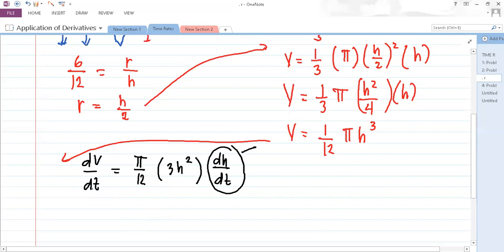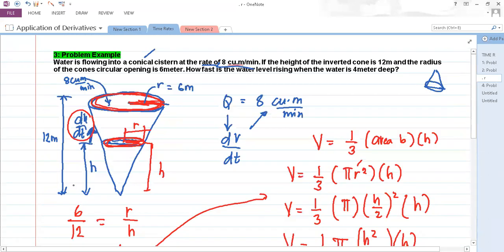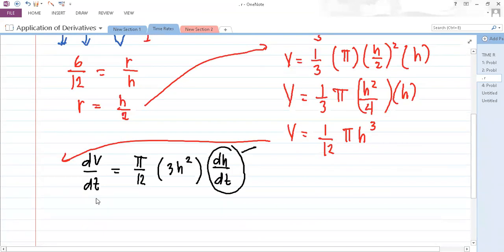dV with respect to time is given, which is actually 8 cubic meters per minute. So we have here 8 m³ per minute, which is equal to pi over 12 times 3, that is 1 over 4.